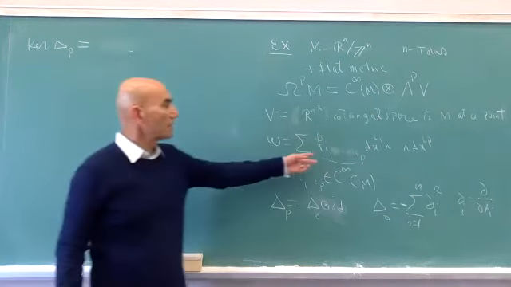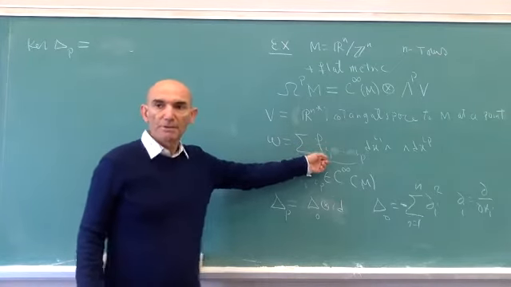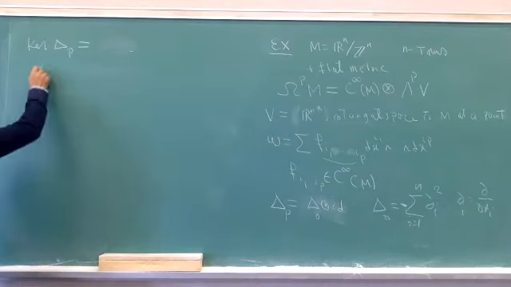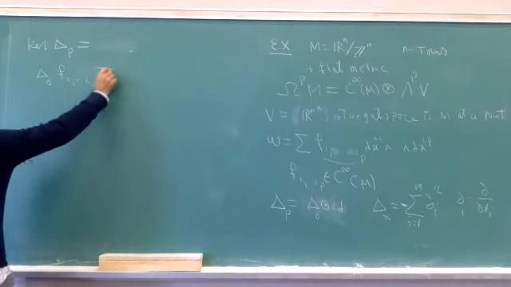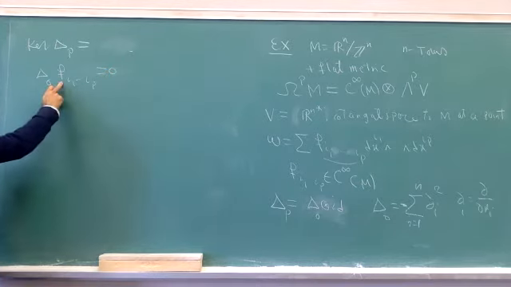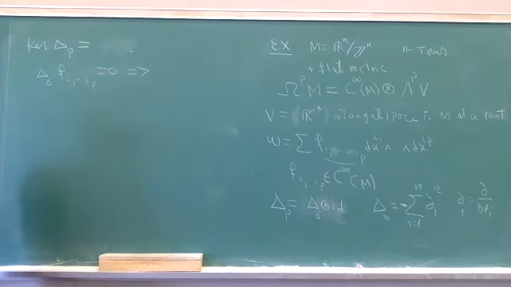Each of these coefficients has to be in the kernel of the Laplacian, but these are smooth periodic functions. This means that these guys have to be constant. That's all.